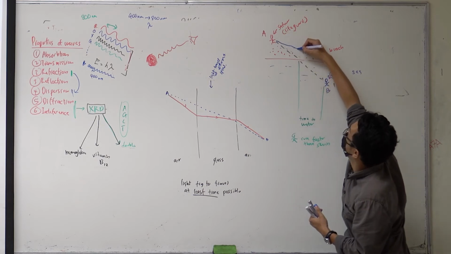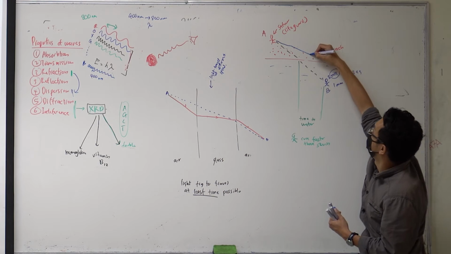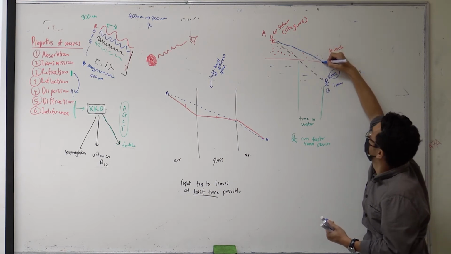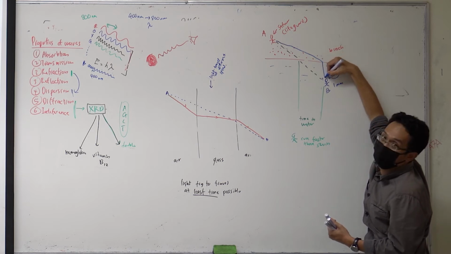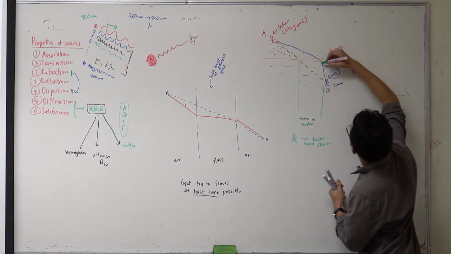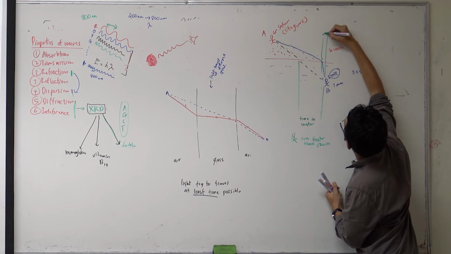Because Safwan can run fast on the beach, and then he tries to minimize the amount of time in water. So if you look here, this is basically the amount of time in water.